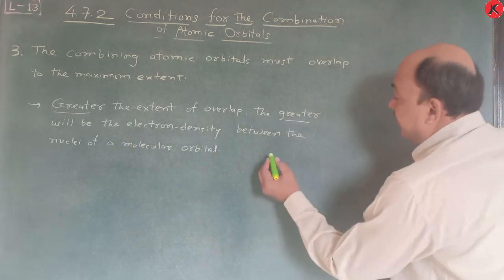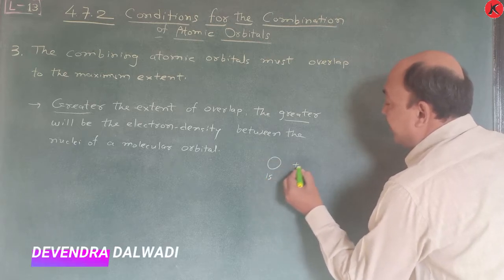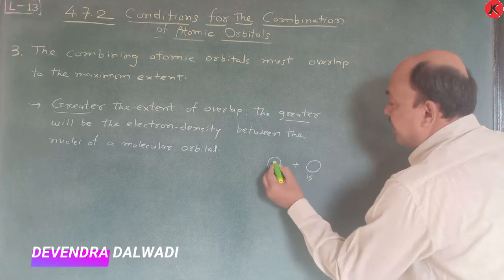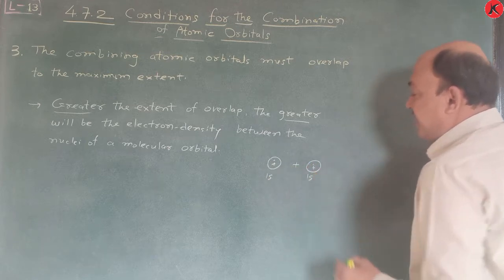Suppose we consider a 1s orbital here, and here also a 1s orbital. Here is the dot, and here the plus: the nucleus is there and the positive charge is there.